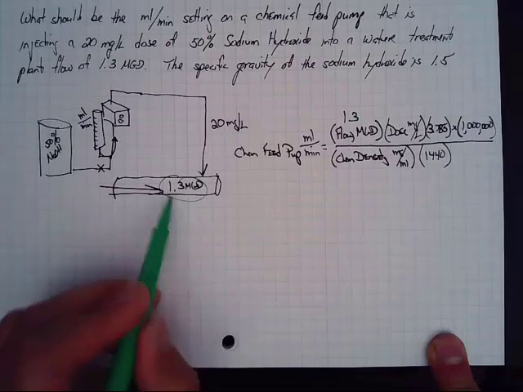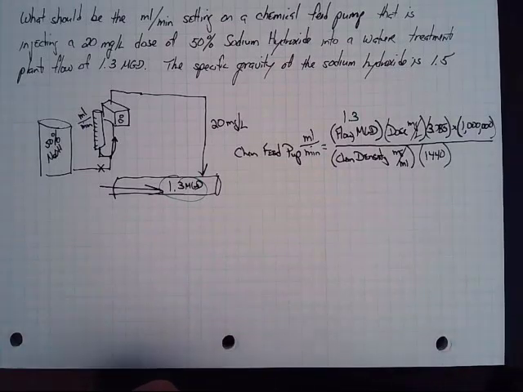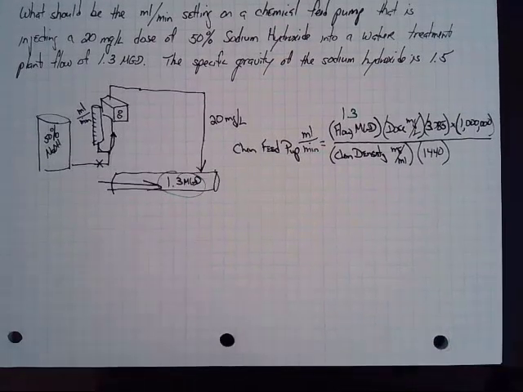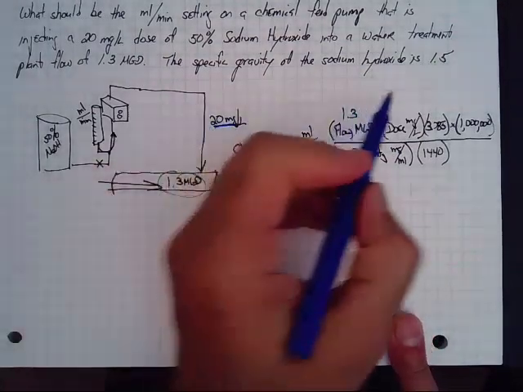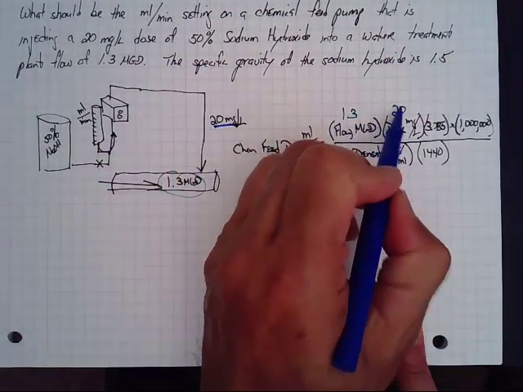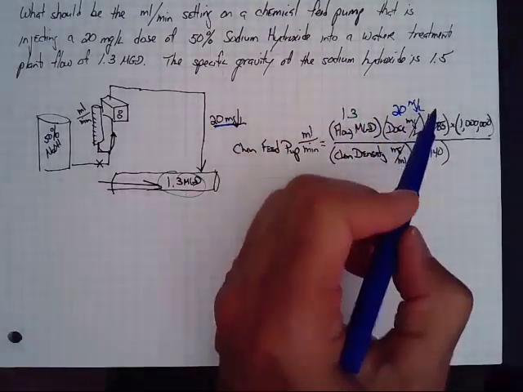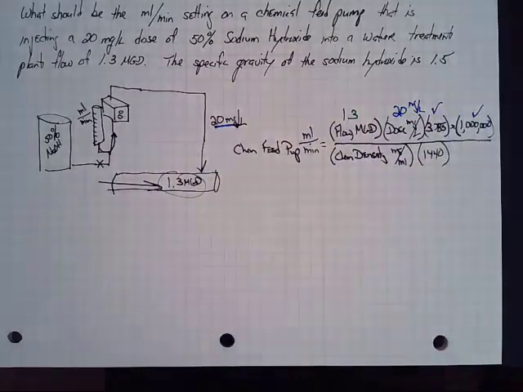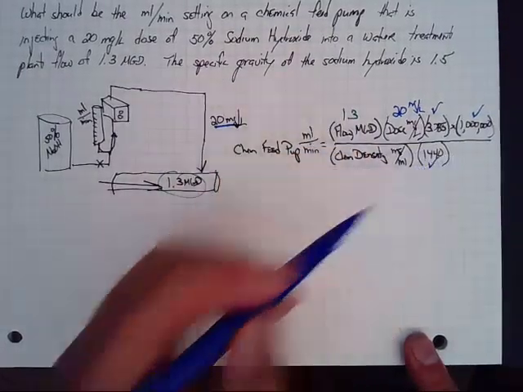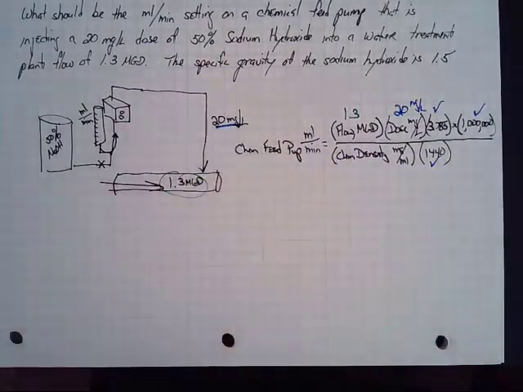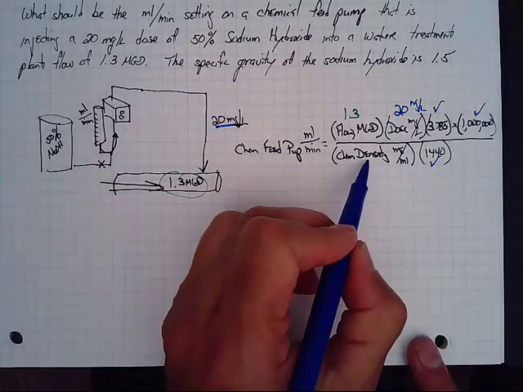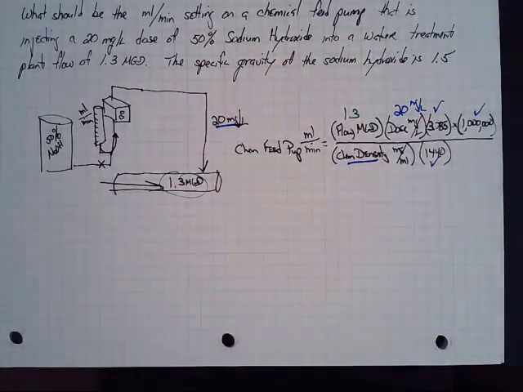Sometimes that might be given in gallons per day or gallons per minute, and we'd have to convert that. Our dose is this value here, so that is convenient, 20 milligrams per liter. Those are constants. We don't have to change anything there. The only thing we need to figure out is this chemical density in milligrams per milliliter.